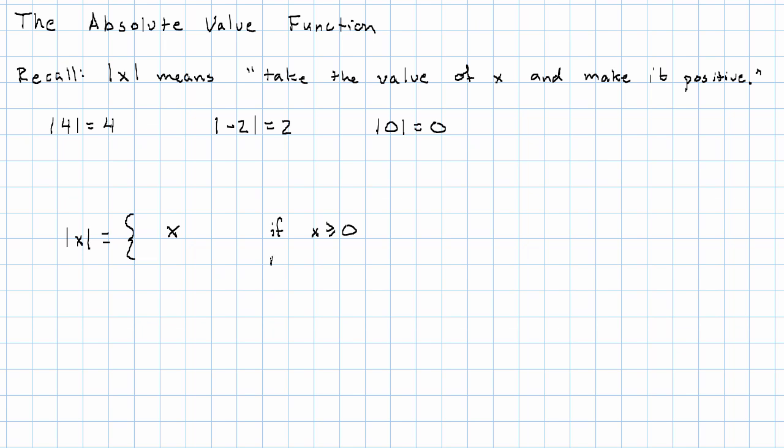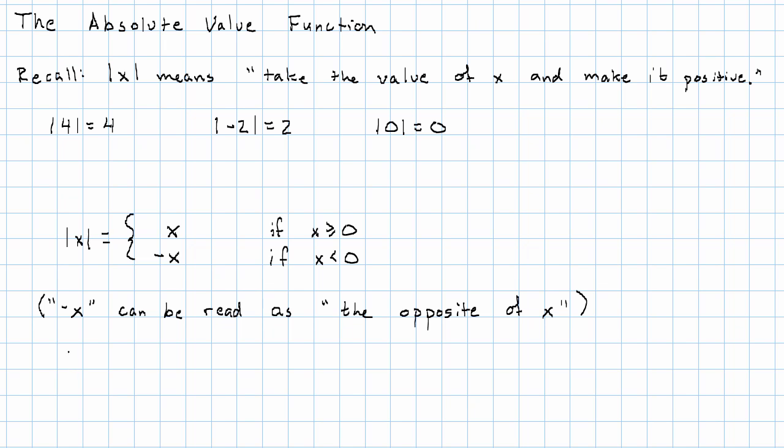If the number is negative, okay, this is going to seem weird, but it makes sense once you parse it. If we have a negative number, what I've written there looks like negative x, but this makes more sense if we read it as the opposite of x. So if the number is negative, we take its opposite.